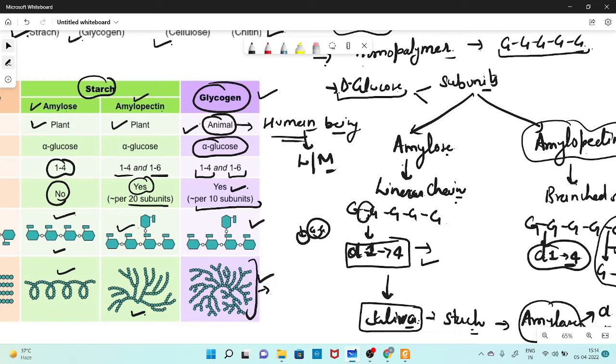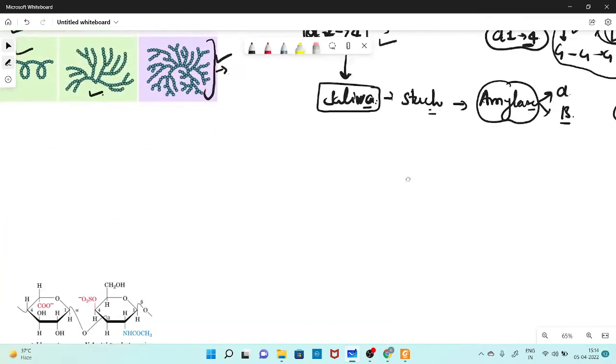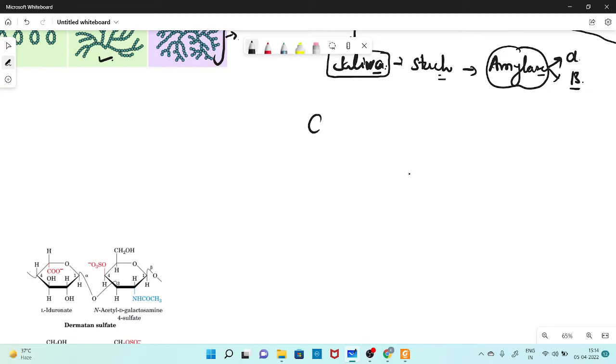Next, the homopolysaccharide that is your structural one is called cellulose. It is also a homopolysaccharide, right? Second, it has variety in its linkage. Variety means it is different in linkage than your starch and glycogen.